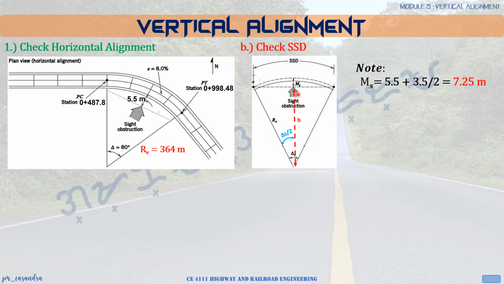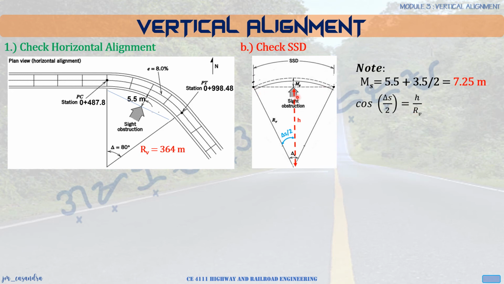So take note that for MS, that is now equal to the clearance 5.5 plus 1/2 of the lane width, and that will give us 7.25 meters. Okay, so applying now our surveying equations, cosine delta S over 2 is equal to H divided by RV.